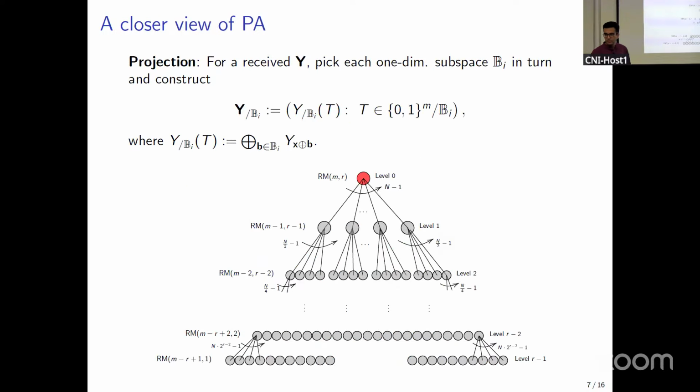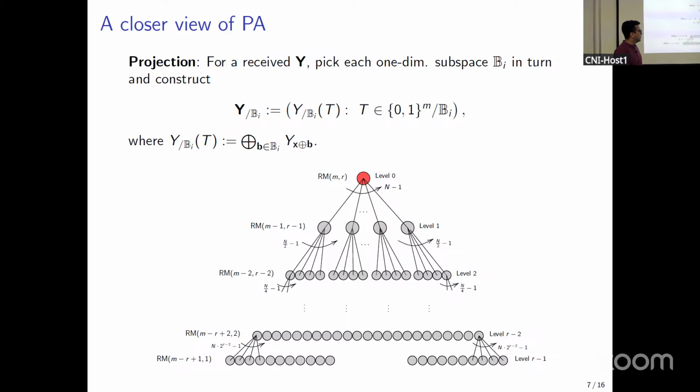To be a little more precise, what is projection all about? By projection, I mean you pick any particular subspace B consisting of some non-zero vector little b, and you construct a projected vector whose entries are just y(x) plus y(x plus b).